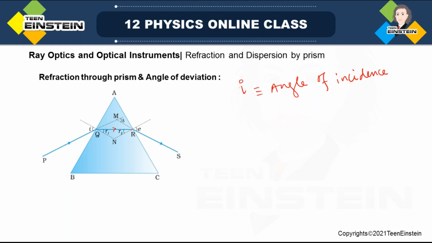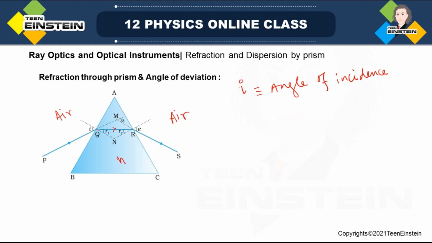Upon getting incident over there, it is refracting back to the air again. Here it is air, here also it is air, and here the refractive index is n, or mu. There are two refractions: one at the AB interface, another at the AC interface.